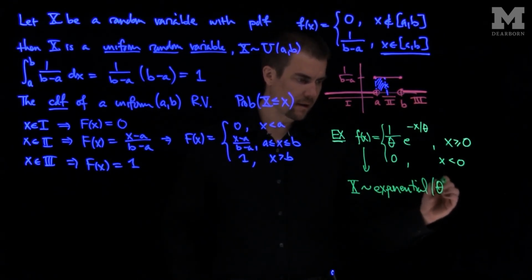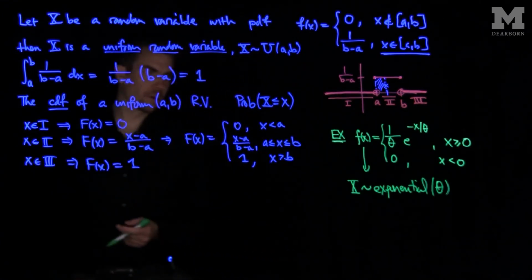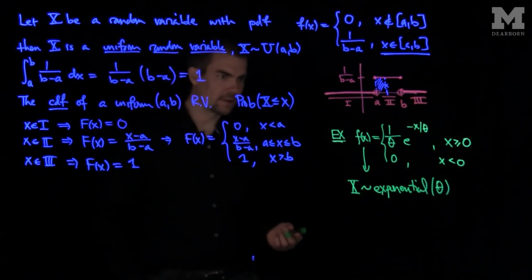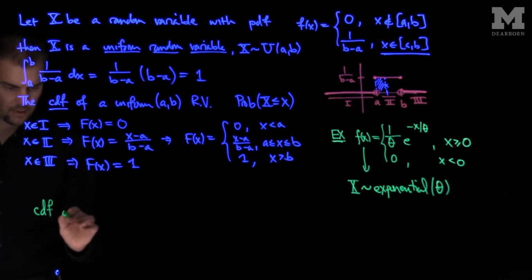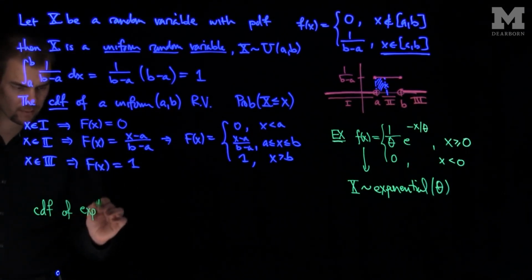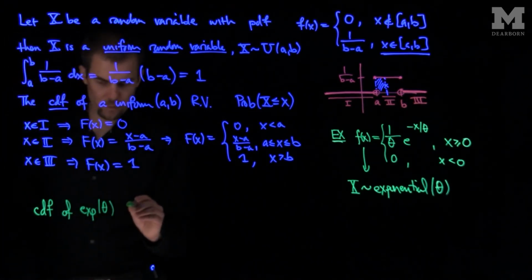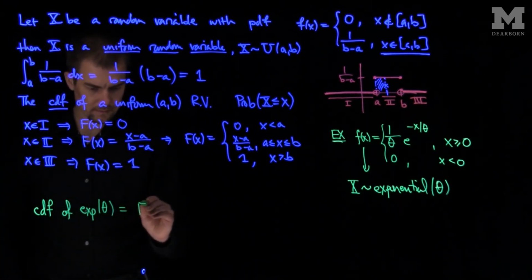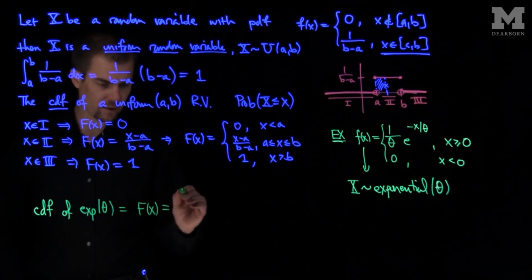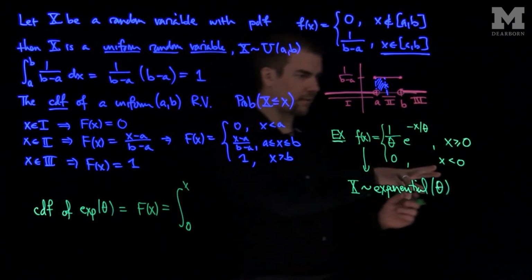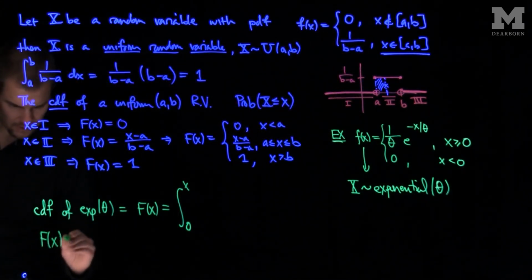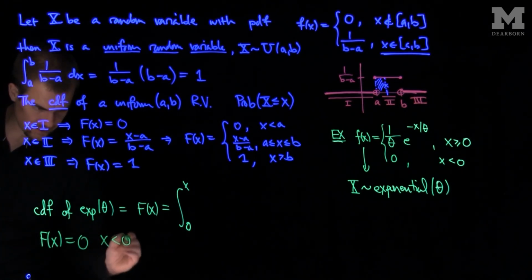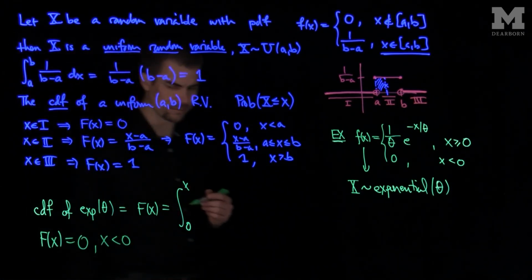And so if we want to find the CDF of an exponential random variable with parameter theta, F of x will be the integral from 0 to x, because we'll note that F of x is equal to 0 if x is less than 0, since the PDF is also 0 there.